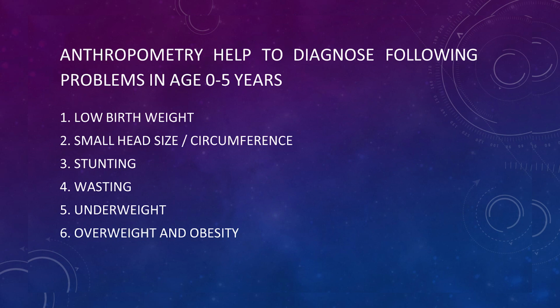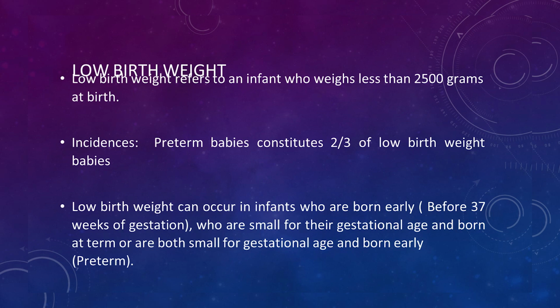Low birth weight is the biggest problem faced all over the world, especially in developing countries. Low birth weight refers to an infant who weighs less than 2500 grams at birth. It is measured on the same day, within 24 hours of the baby's birth.